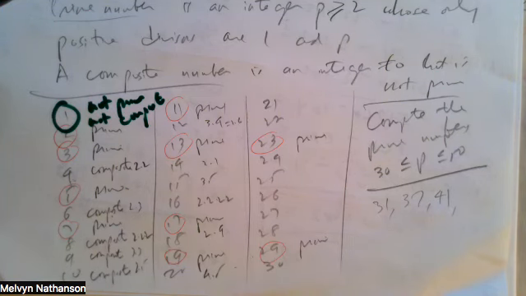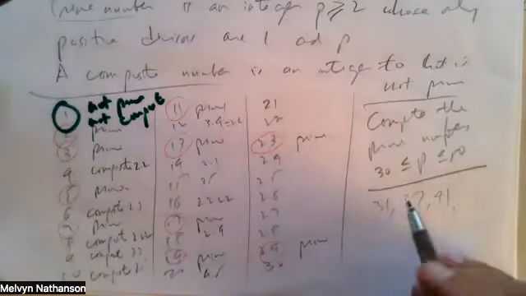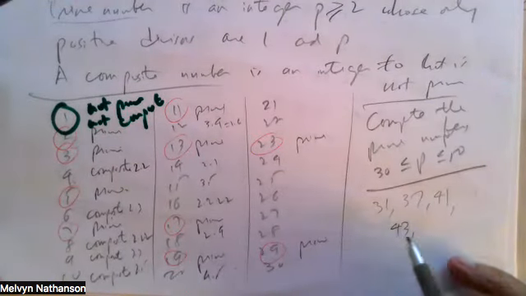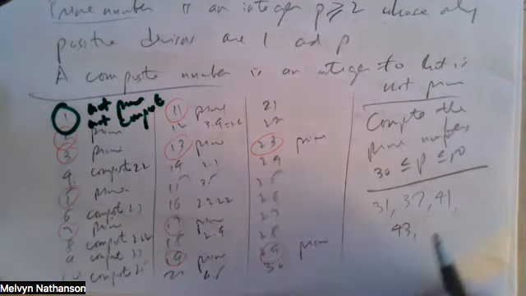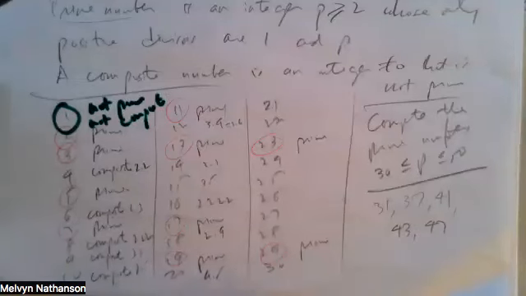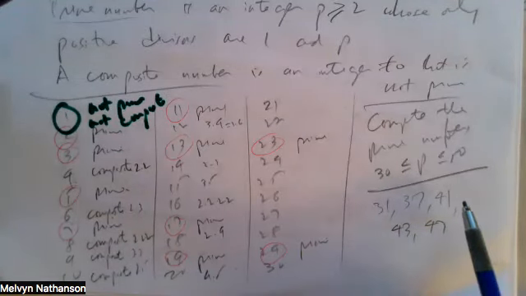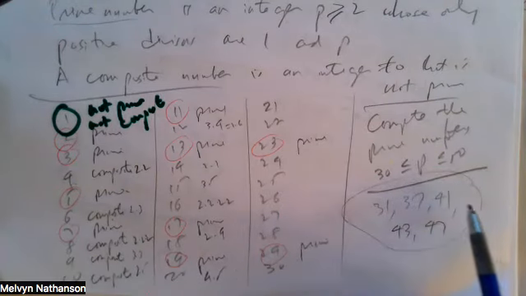Another? 43? Yeah, 43 is a prime. And one more after that? 47? Yeah. 45 is divisible by 5. 49 is divisible by 7. These are all the prime numbers between 30 and 50.